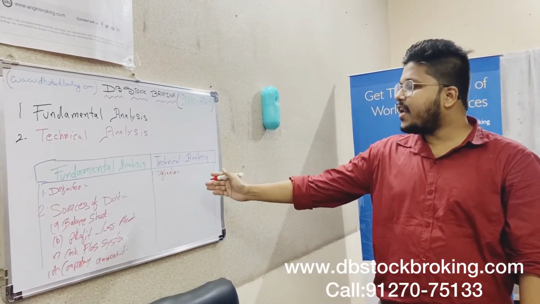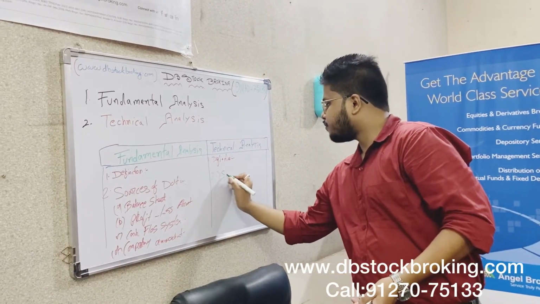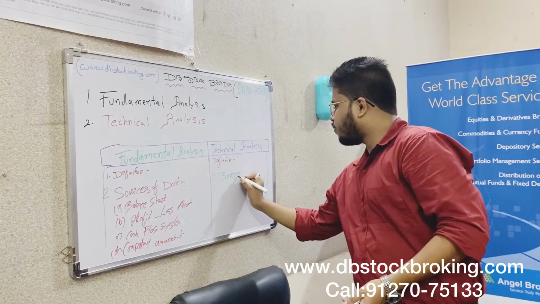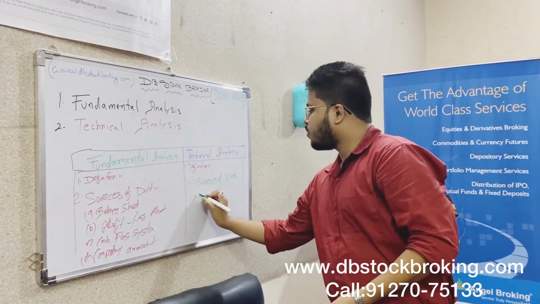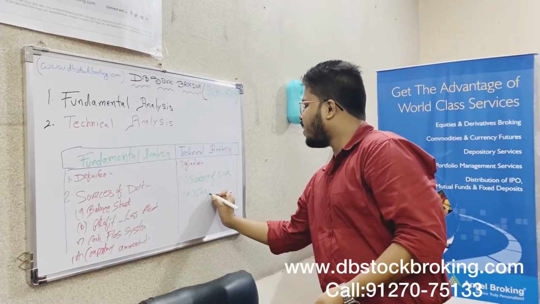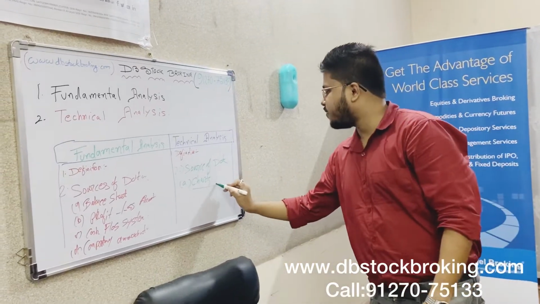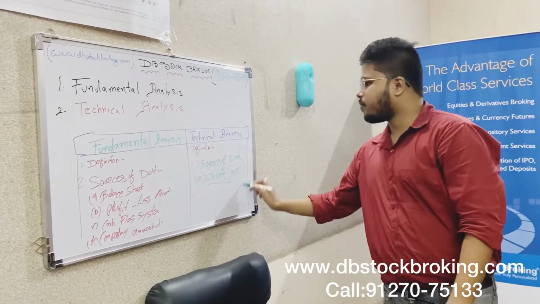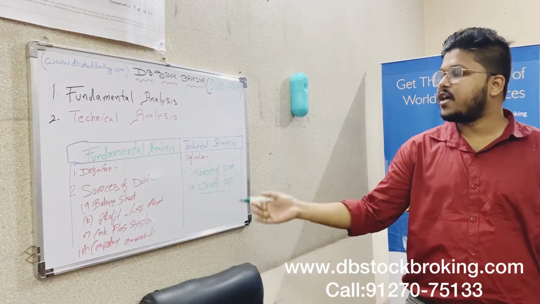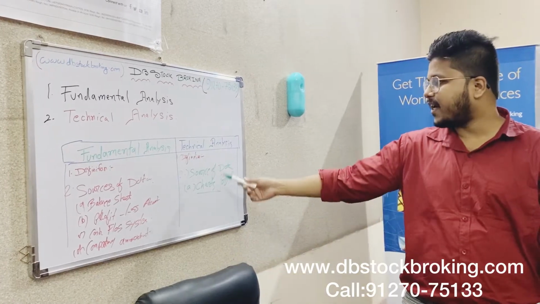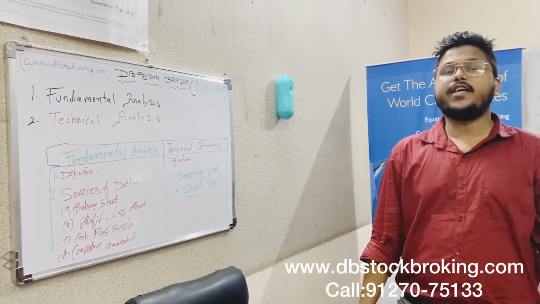And the technical analysis source of data is charts. It's nothing else. It all depends on charts, 100%. In fundamental analysis, you have to see the balance sheet, profit and loss, cash flow, and company announcements. But in technical analysis, it all depends on charts. Charts are of various types.